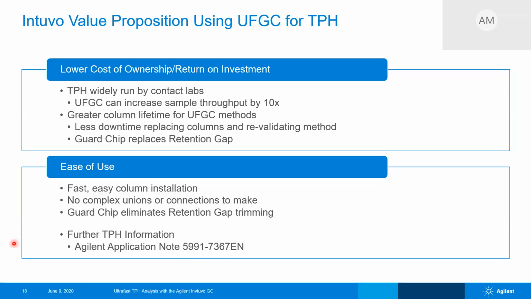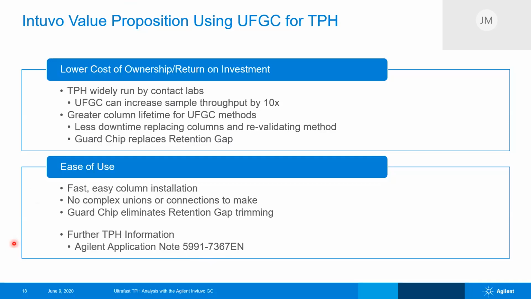Another question, does the Intuvo have an optional H2 sensor to shut down the GC if a leak is greater than 1 or 2%? No, it does not, but you have to remember the Intuvo does not have an air bath oven like our conventional GCs. So there isn't a big open void inside where hydrogen can collect.